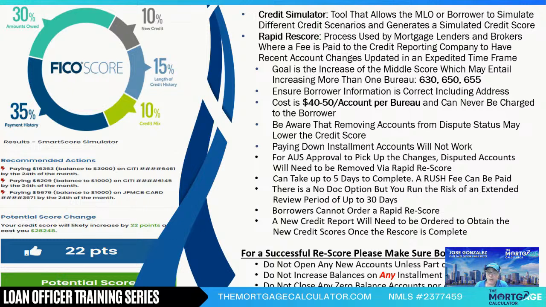Get that rapid rescore. And let me explain, I always bring up credit simulations when I'm working with my borrowers, because I like to add value, especially in a scenario where they need it, for example. It's one thing like they're at a 690, they need to be at a 700. That's 1 point. But also when it would make it a better deal, right?